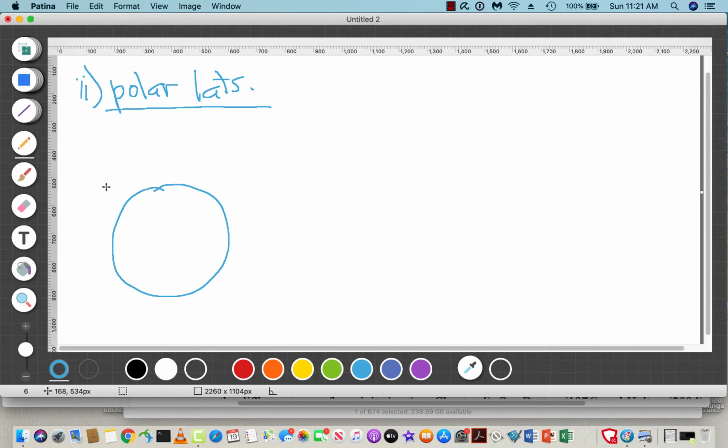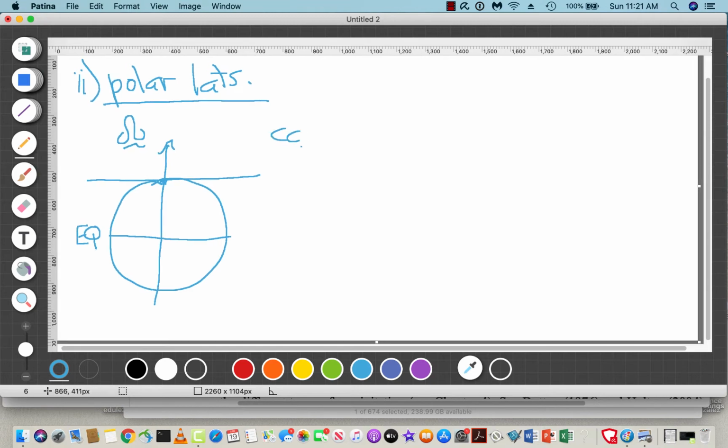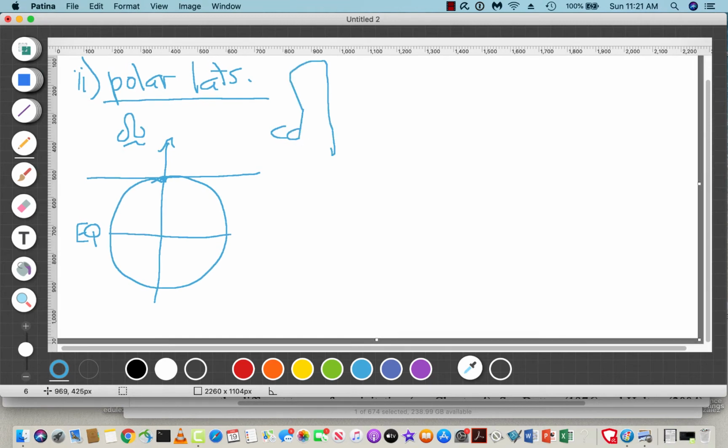So there's the Earth again, and here's my tangent plane again. So there's the rotation vector, and there's the equator. And so all we have now is a tangent plane, but it's tangent to the planet at the pole, okay? The appropriate coordinates to use in this case would be cylindrical.